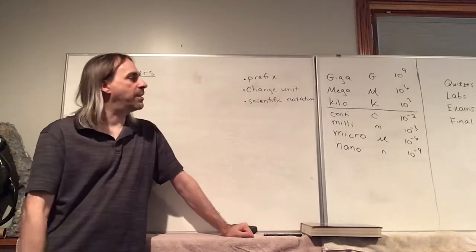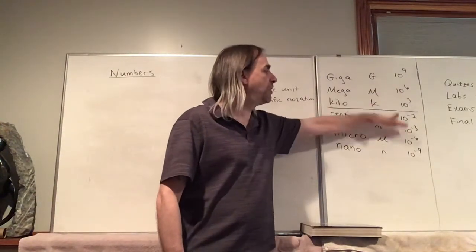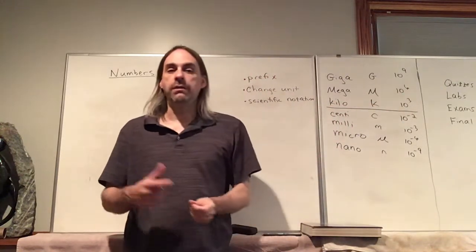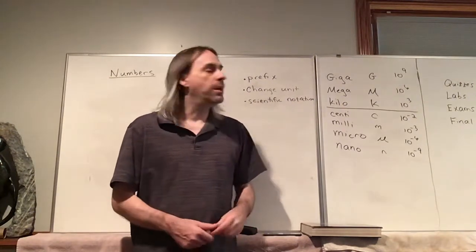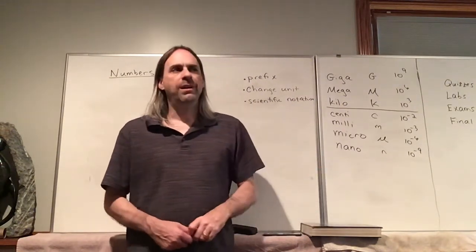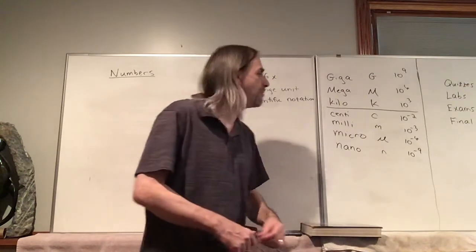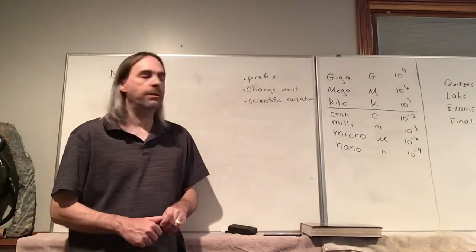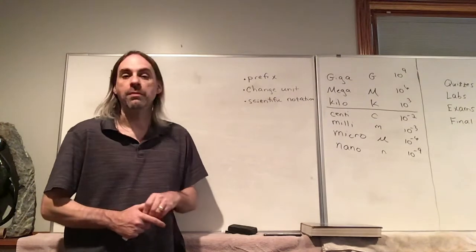They go in multiples of 3 unless you're between 3 and negative 3. There's actually a prefix for 10 to the second power, 10 to the first power, and 10 to the negative 1. Maybe you see these used in chemistry a little, but they don't do much good, in my opinion, so I wouldn't even bother including them.